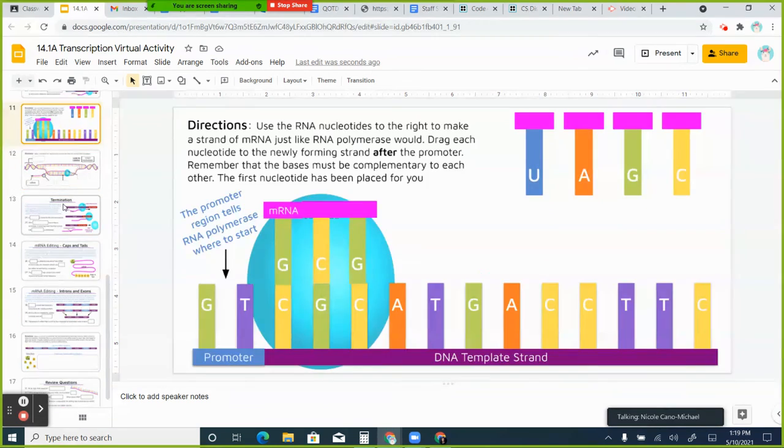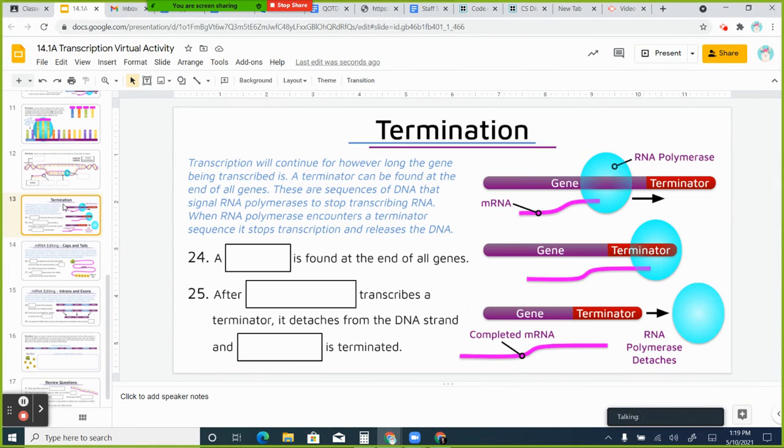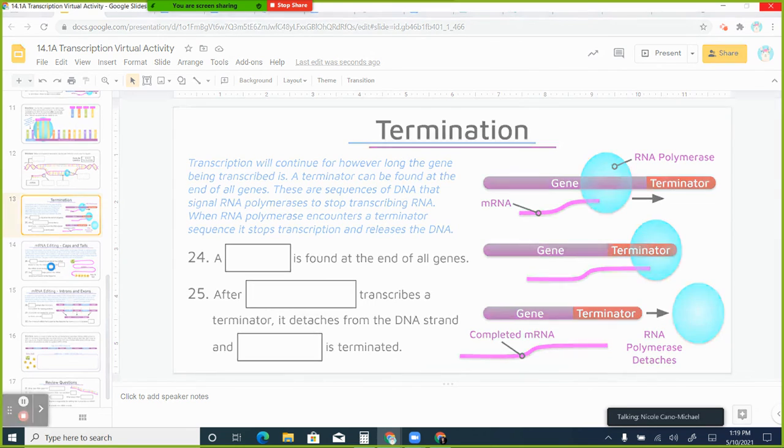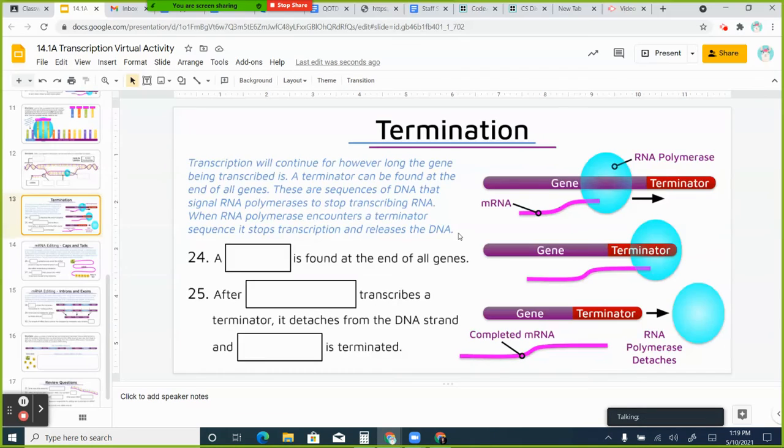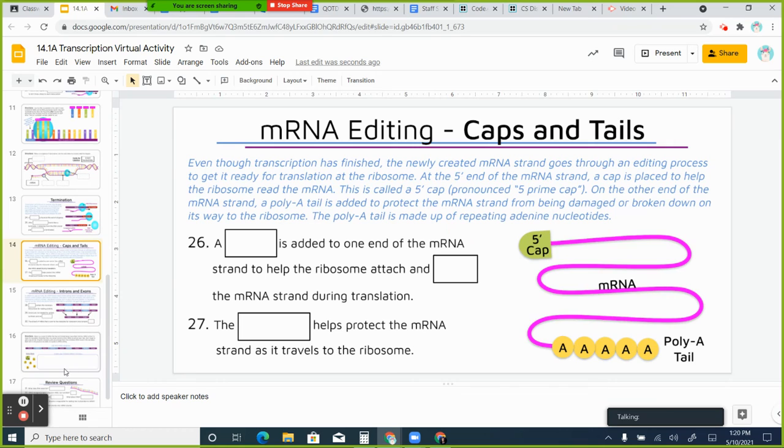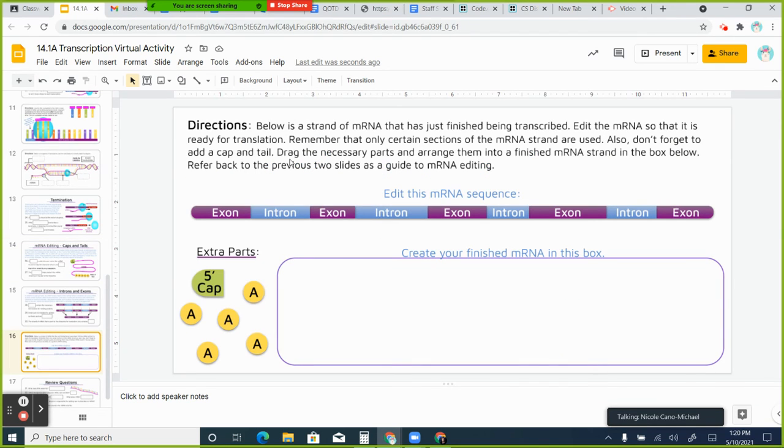That's important because we're going to need that information for slide number 16.